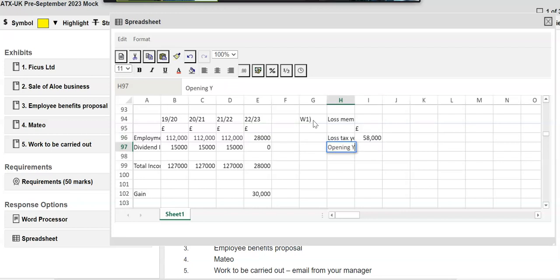If we apply the opening year loss relief, that would be 50,000, and this would be against the tax year 19-20, because the cap restricts us. Then the remaining loss, and on this again we have to apply the opening year loss relief for 20-21, and then the remaining 8,000.